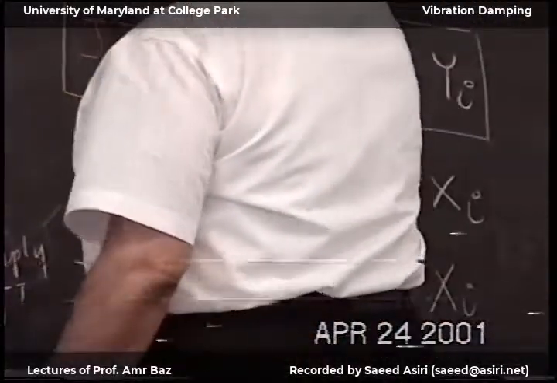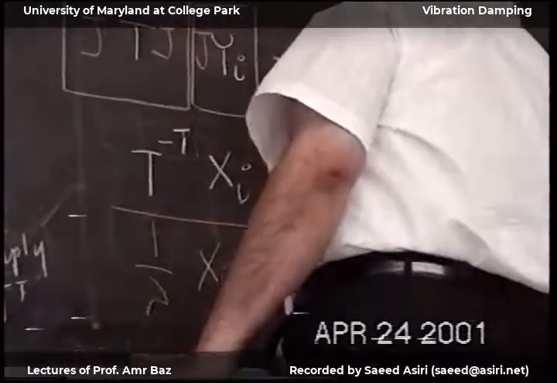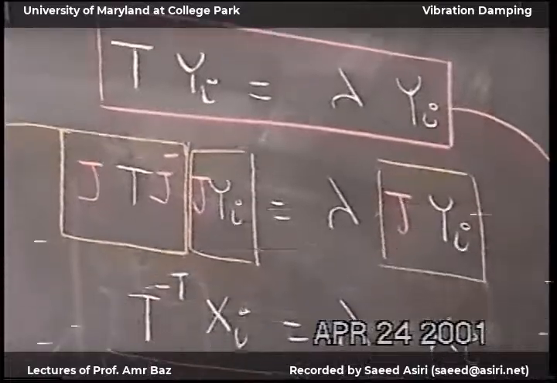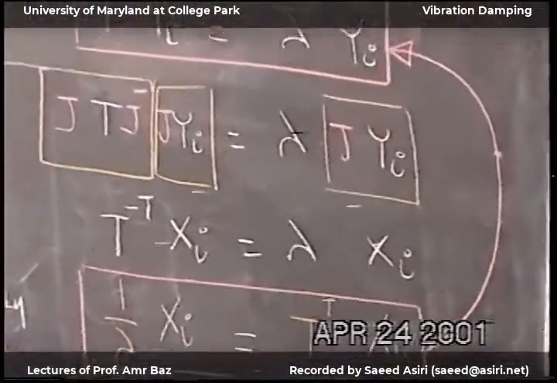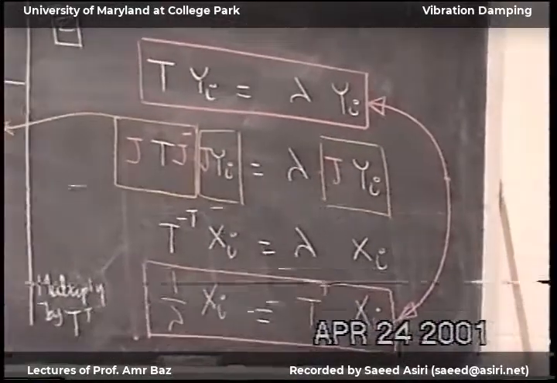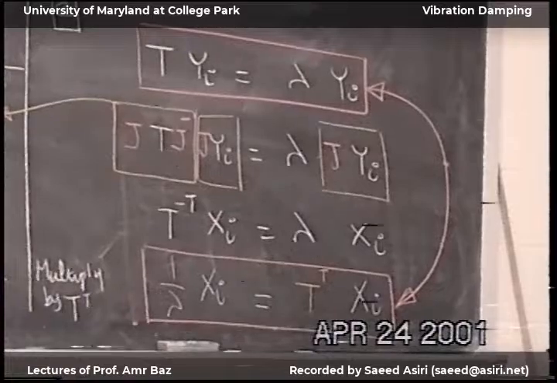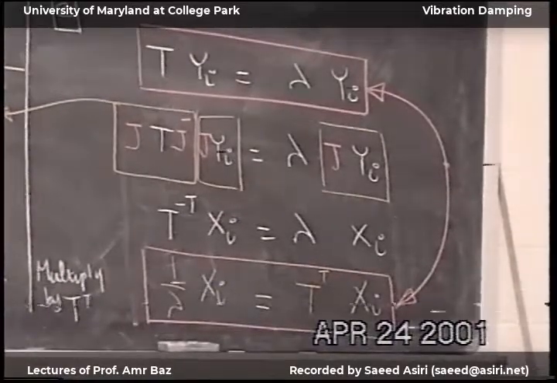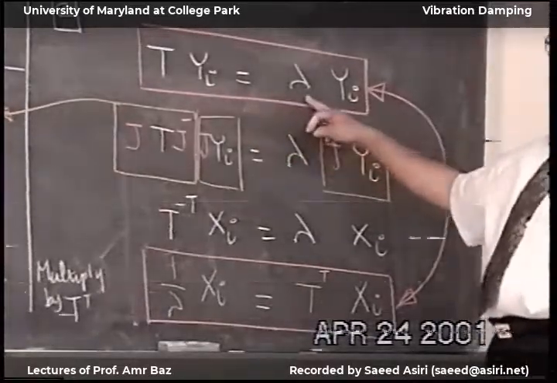So I want you to look at this equation and this equation. What can we say about the matrix T? Orthogonal? No. Matrix T has eigenvalue lambda.